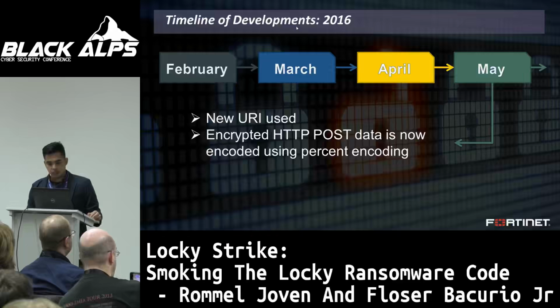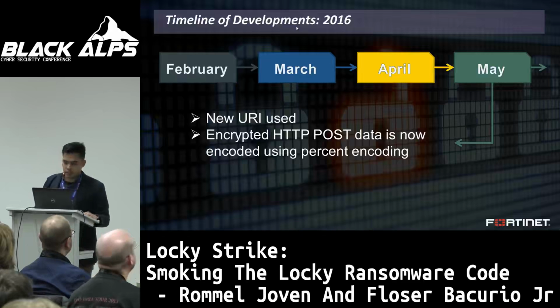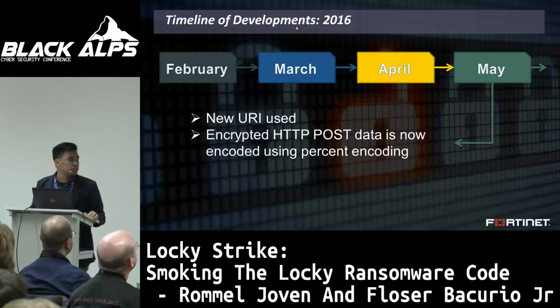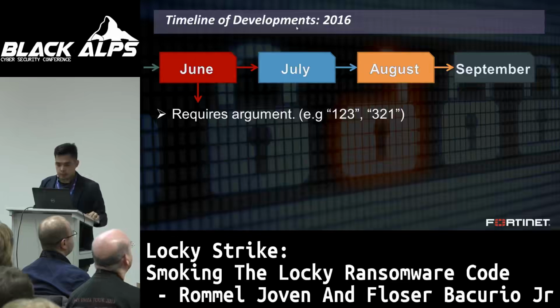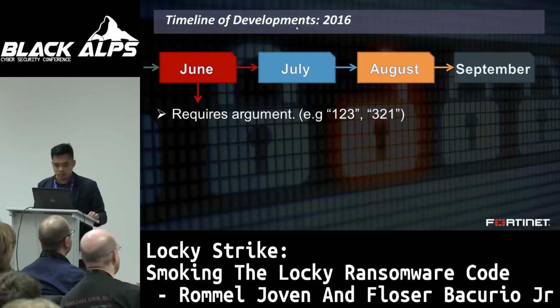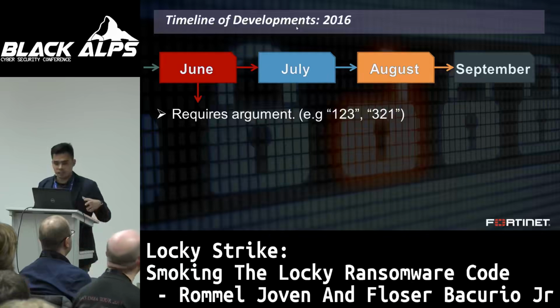One possible reason for this change is to avoid a suspicious-looking packet, since percent encoding is usually used by legitimate sites. So we move on to June 2016. Its loader now requires an argument to execute properly. Actually, this argument, like 123 and 321, is a decryption key used to decrypt the next layers of code.